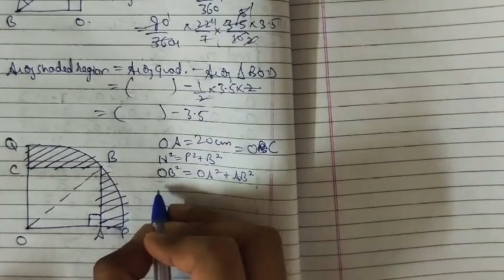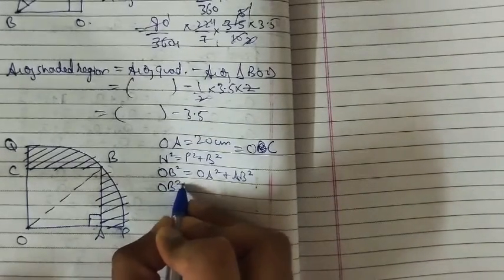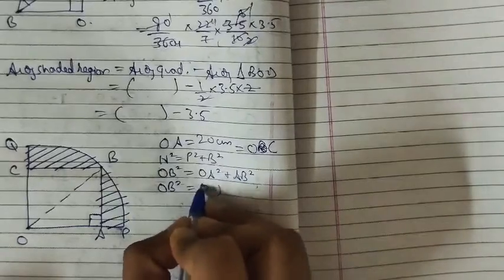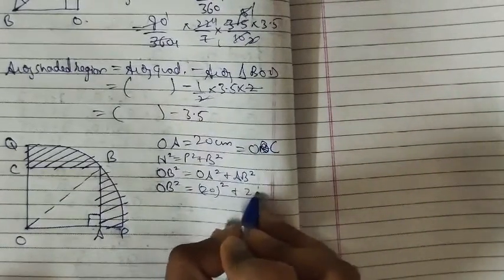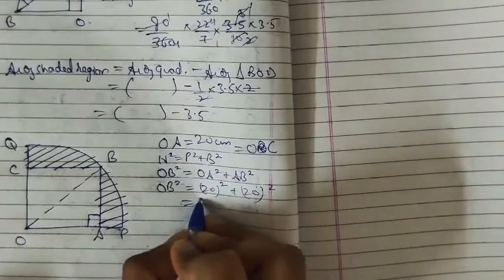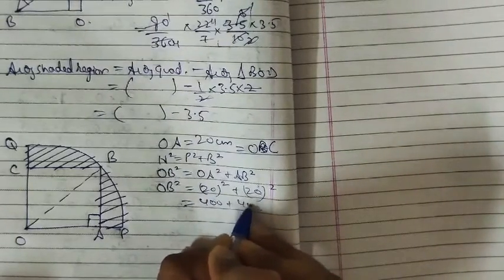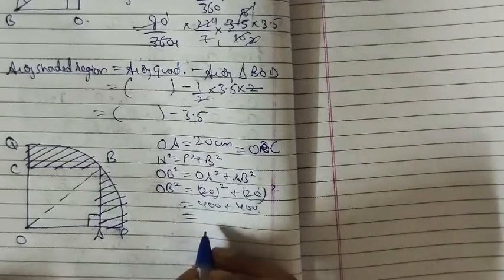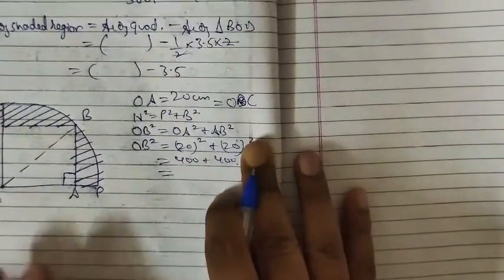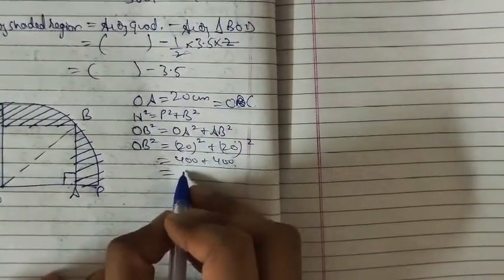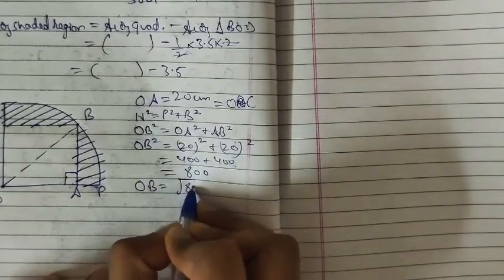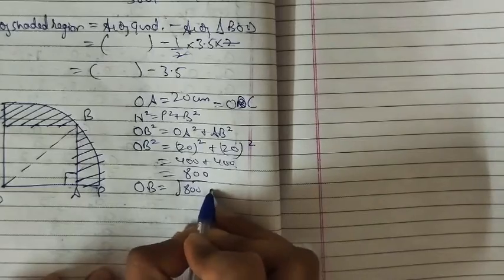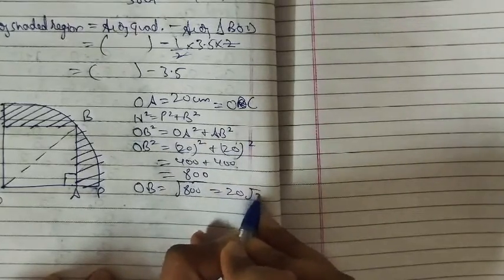OB square we have to determine. OA is 20 square and AB is equal to OC, so that will also be 20 square. So this is 400 plus 400, that is 800. So OB is equal to root 800, or we can say 20 root 2.